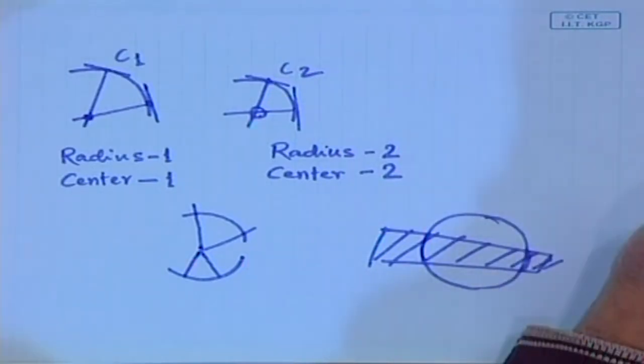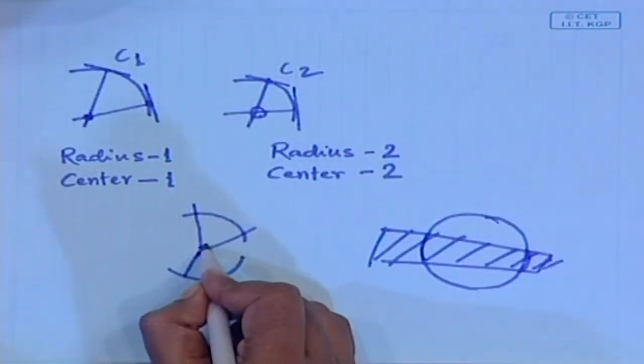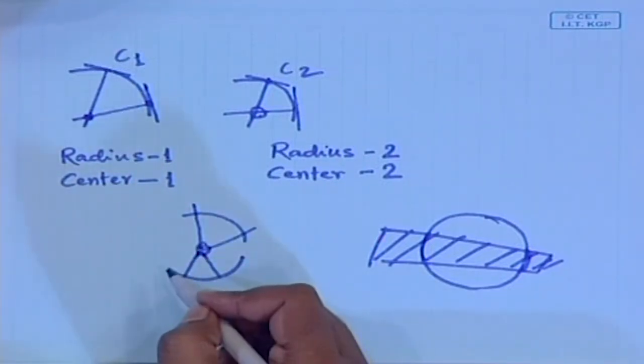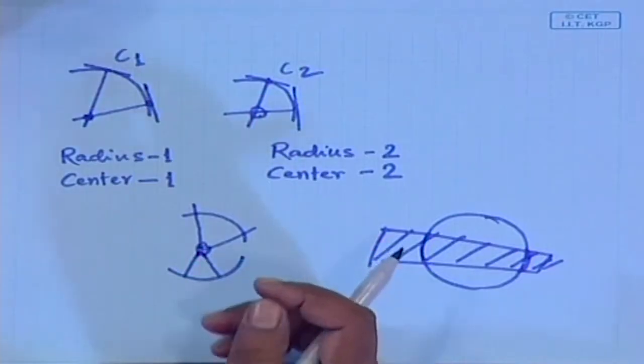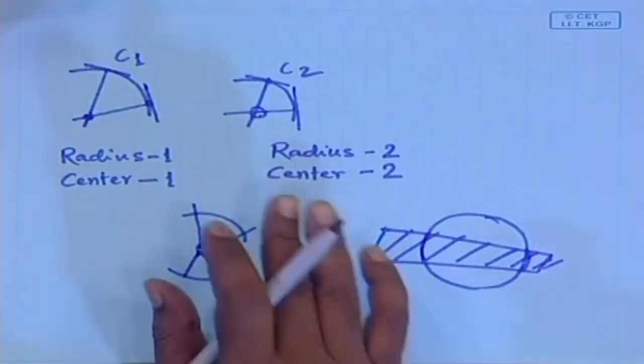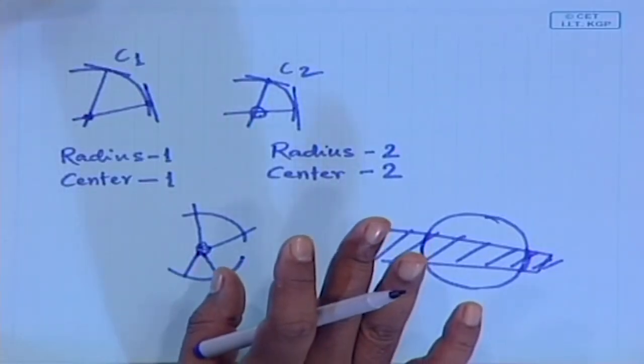Okay. So in this case the center will be very close and the length of the radius will also be similar. So in this case we can say that both these circular arcs are part of the same circle.